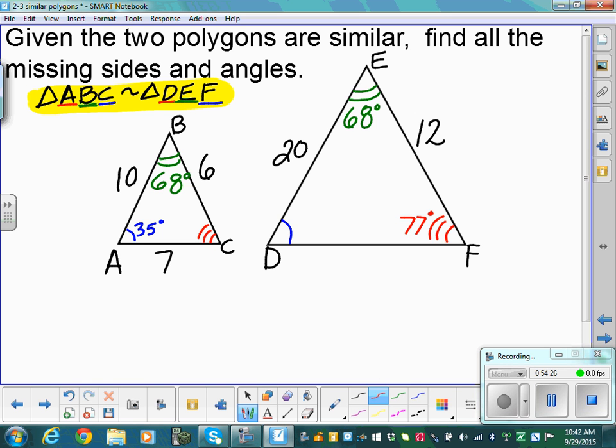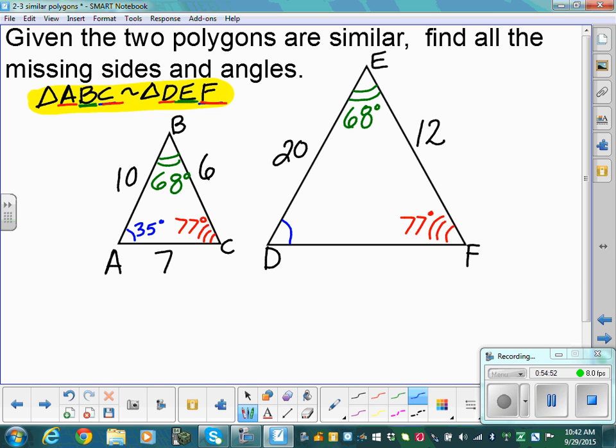We know angle C is to angle F. So if F is 77 degrees, what's angle C? 77 degrees. And last, let's now take my suggestion. When doing these, the first thing I do is fill in all the angles, and then I'll go through and fill in the missing sides. If you take my suggestion, you won't miss things. Okay, awesome. Yes, tell us. How do you find angle D? 14.